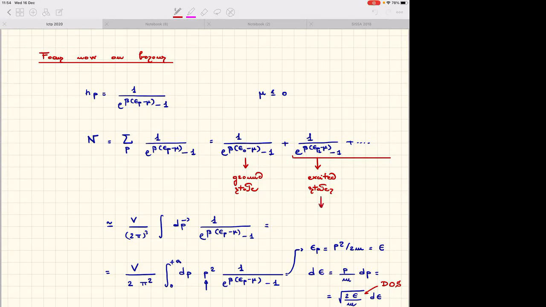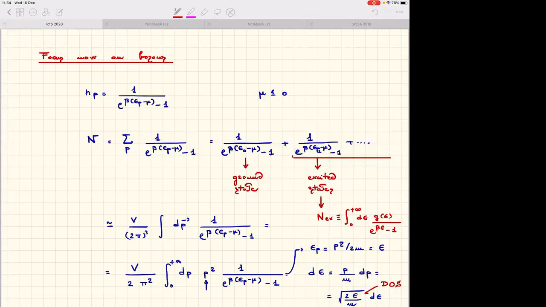So let's call this contribution NEX, and NEX, if you go through the calculation we've done, is equal to the integral from 0 to plus infinity d epsilon g of epsilon 1 over e to the beta epsilon minus 1.